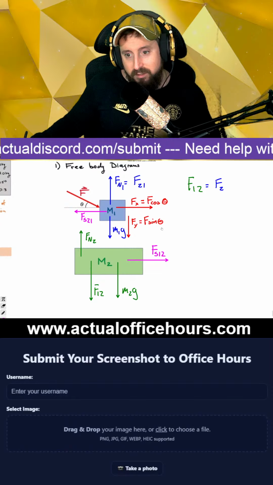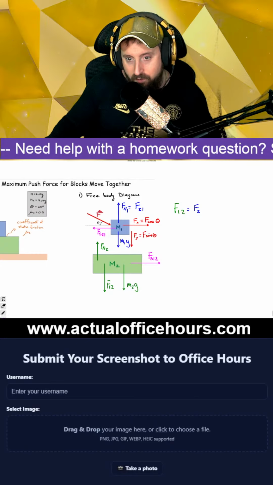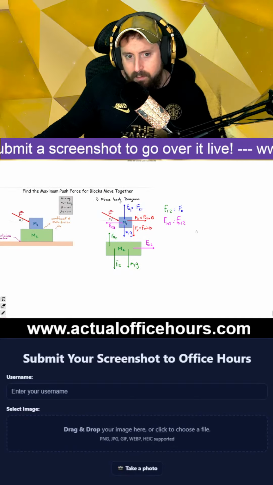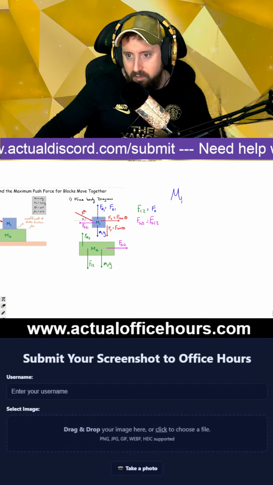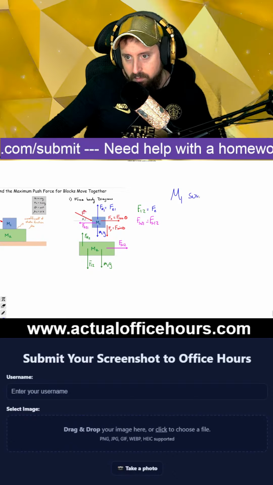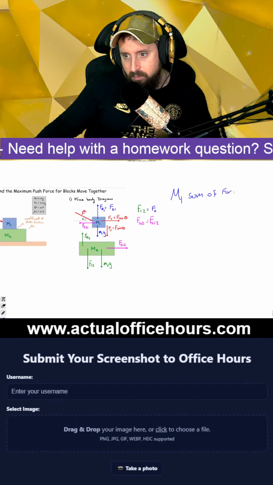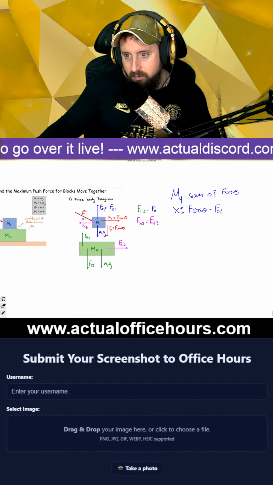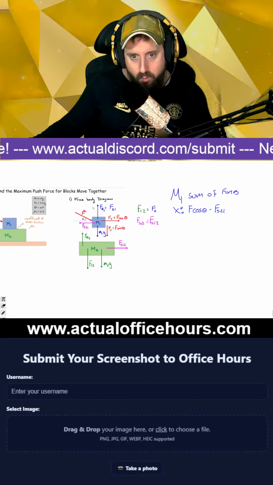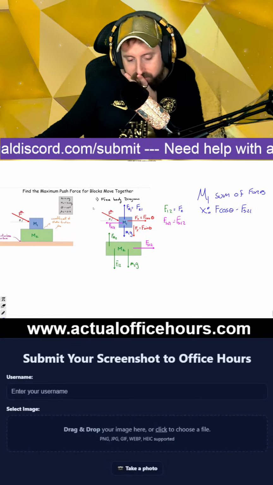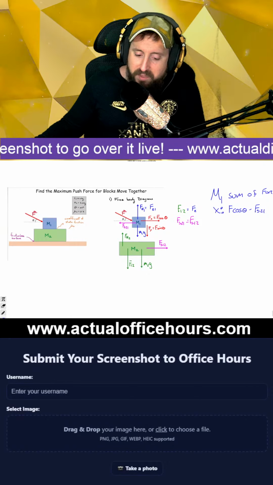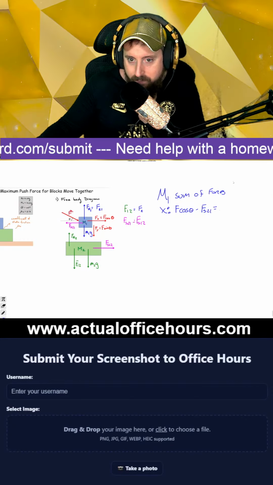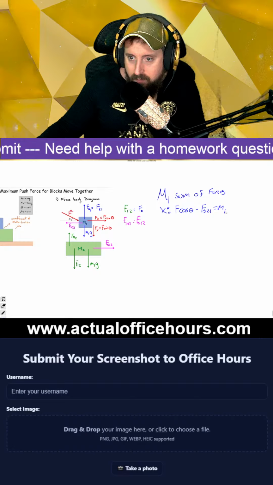Okay, this is FS12. All right, so this is also a force pair. All right. So now we just do sum of forces for everything. So we're going to say mass 1, sum of forces in the x direction. And then if we want this thing to move together, we're going to call this M1A1.